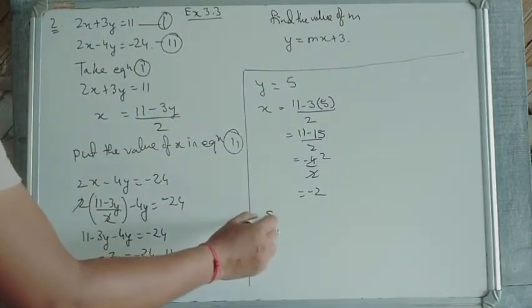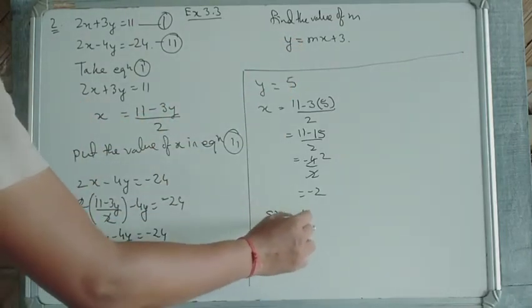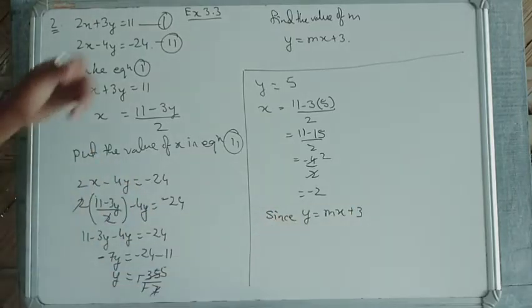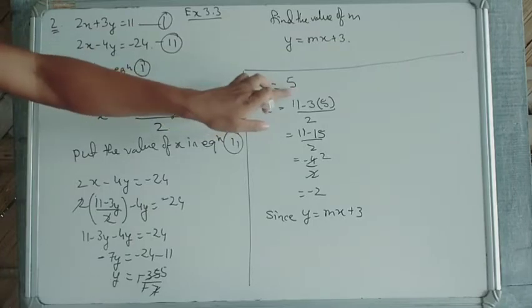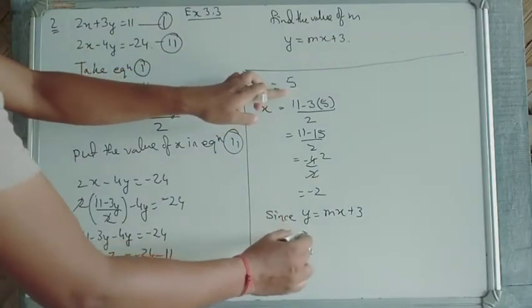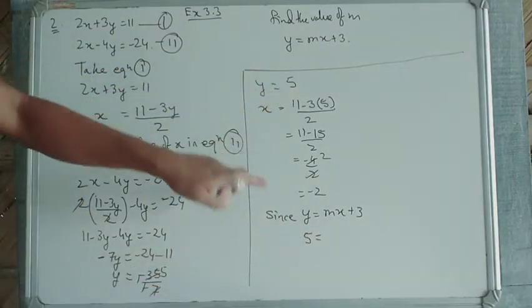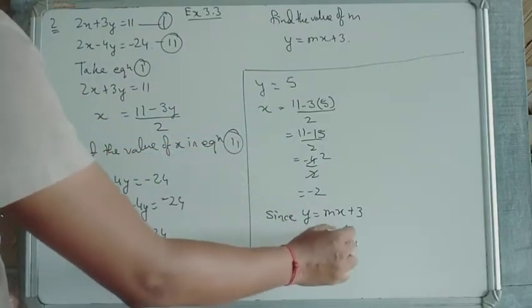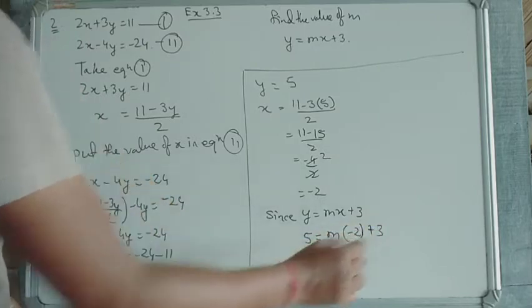So since y is equal to mx plus 3, everywhere what value can we put? Y value is how much? 5. So we'll put y as 5 equal to m x, x is our what? Minus 2. So mx is minus 2m plus 3.